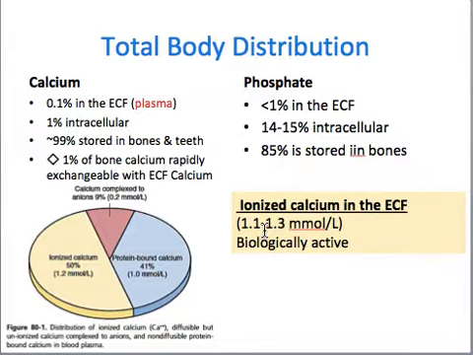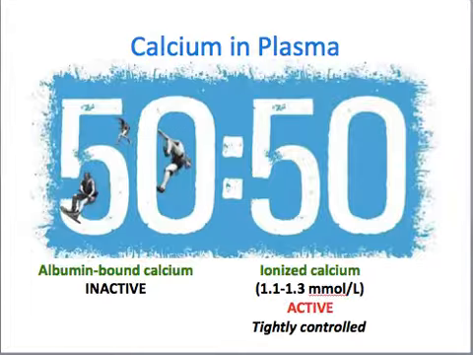processes. So your phosphate, on the other hand, will also be majority in the bones, and less than 1% will be in the ECF. But unlike your calcium, a lot of your phosphate will also be located intracellularly, about 14 to 15%.